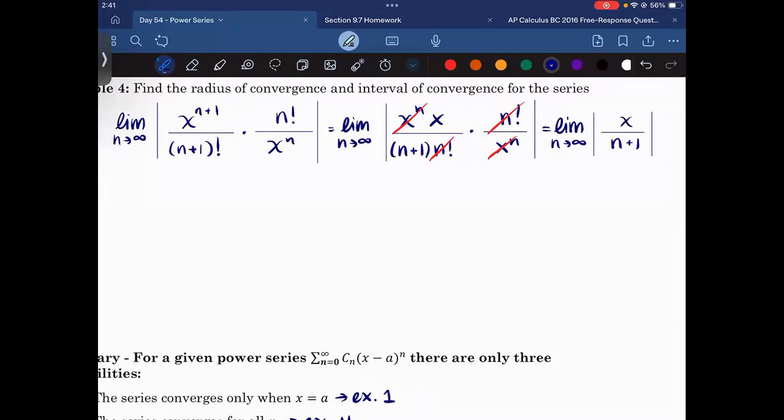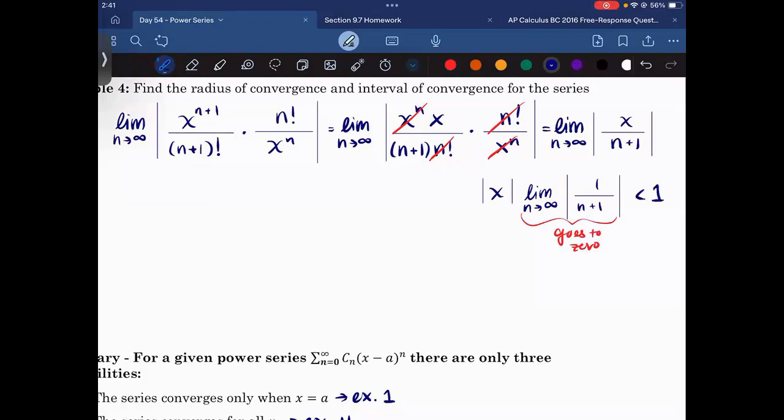Okay, so this is what I was talking about earlier, kind of separating out the x values from the n. If I separate the x, the absolute value of x is going to be by itself, because the limit as n approaches infinity of 1 over n plus 1 is going to go to 0, so the entire limit goes to 0. Now we have it less than 1, just like the one we did earlier.